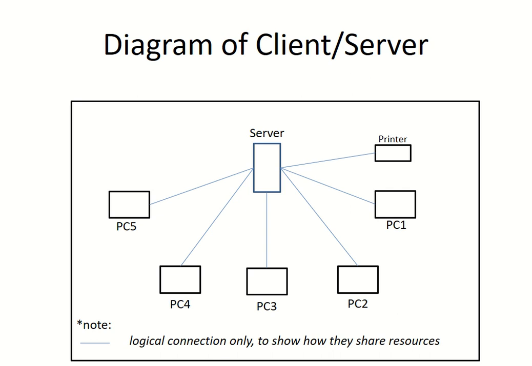This is only the logical drawing to show how they share resources on the network. So the printer, PC1, PC2, PC3, PC4, PC5, and maybe many more clients request the information or data from the server. The server will serve the information to the client. That is the relationship between client and server. I hope, class, you can differentiate between these two diagrams, client-server and peer-to-peer.